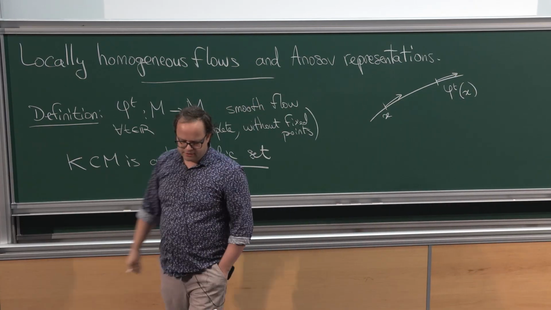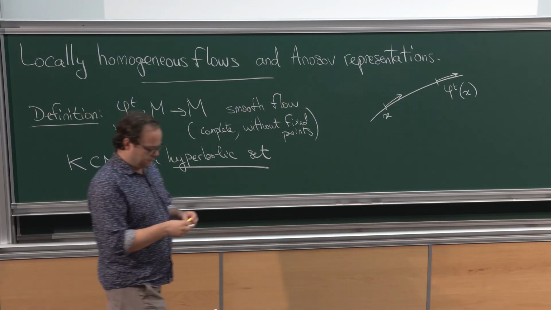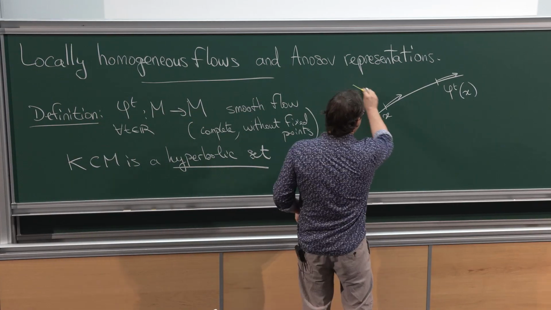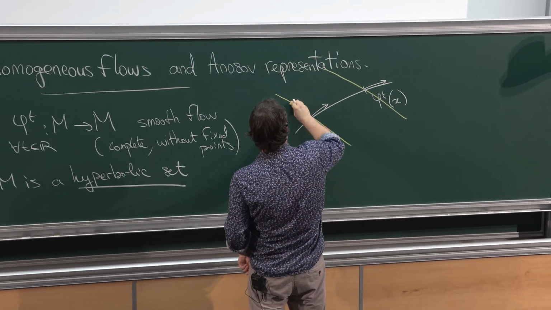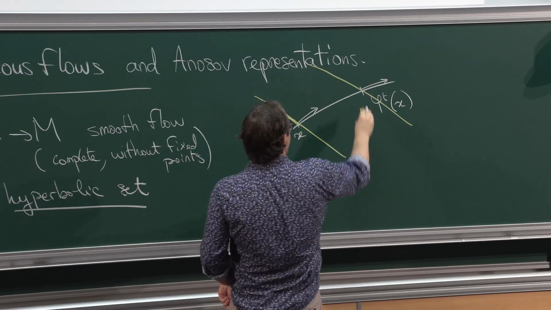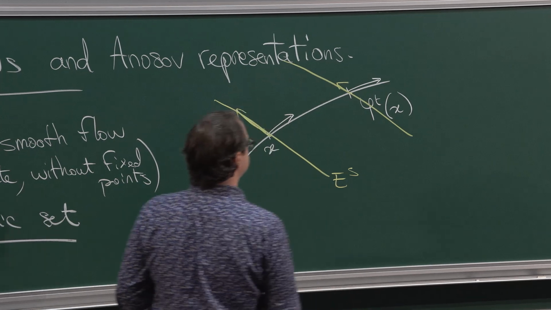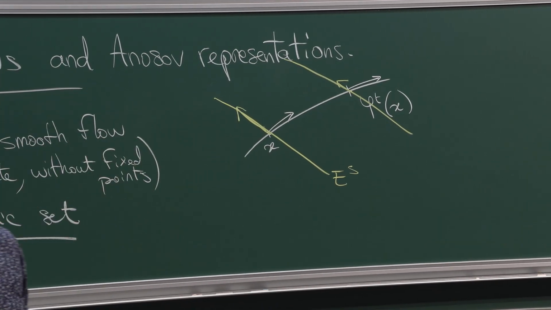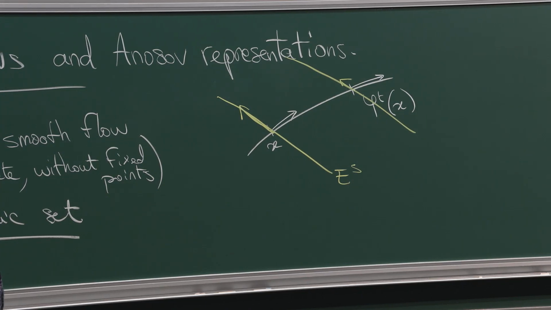And hyperbolicity is assuming that in other directions, you'll have some vectors that, when applying the flow to them, will become very short after a long time. So this is what we'll call the stable direction. And you'll have some other direction called the unstable direction.